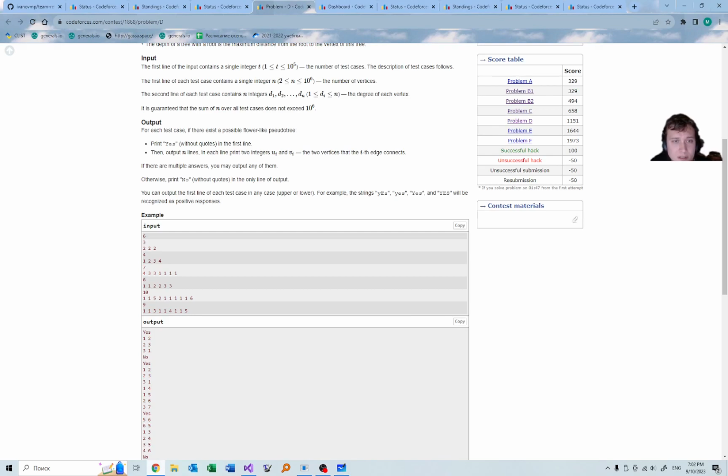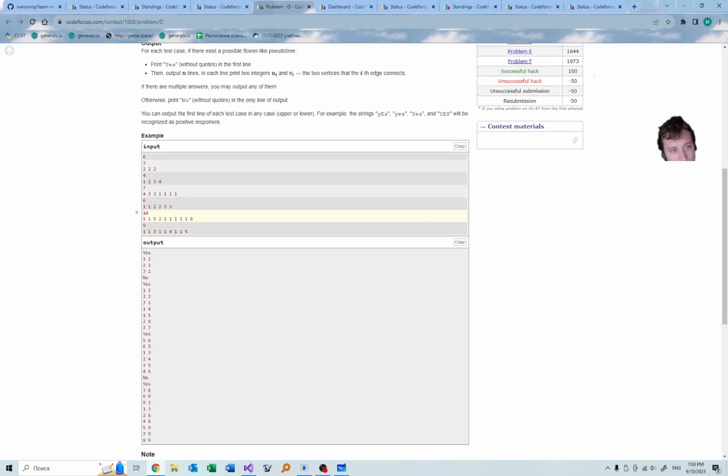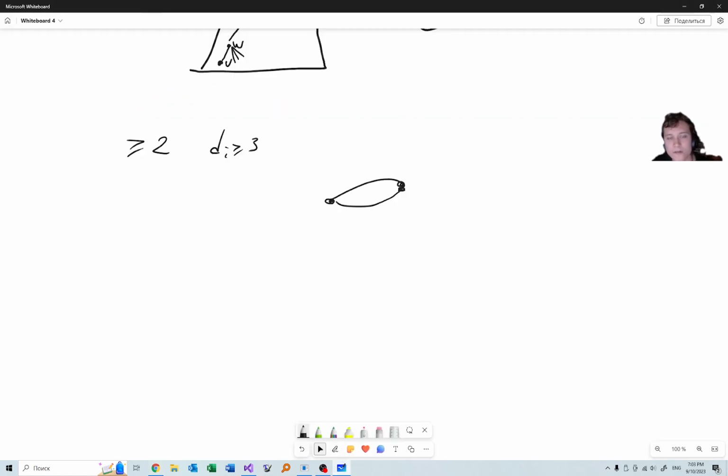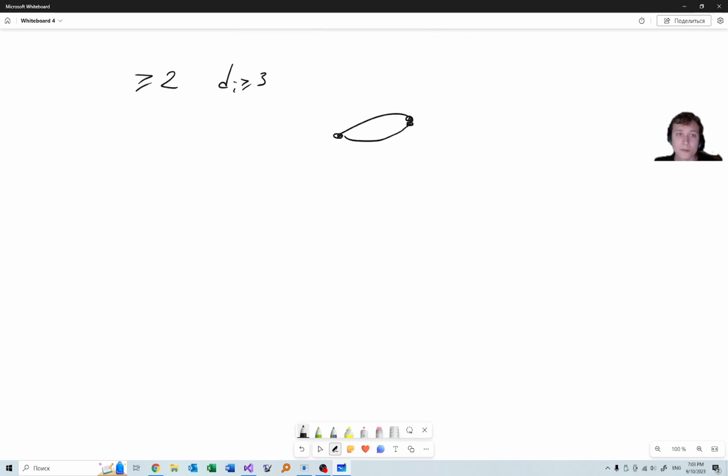So the question is, is this a criterion? I think no, because here we have the answer no, but we have several vertices of degrees 2, greater than 2. So now we have the following problem.